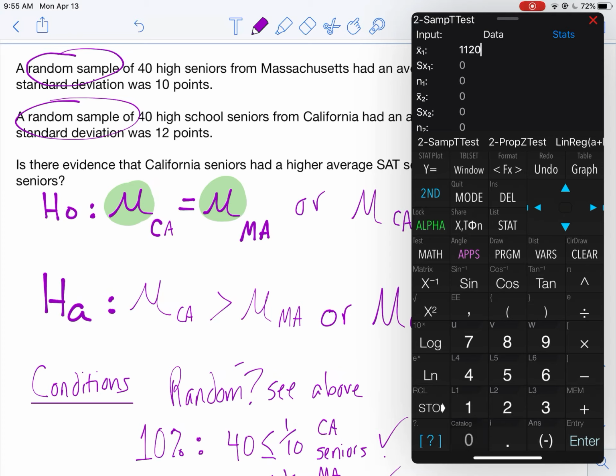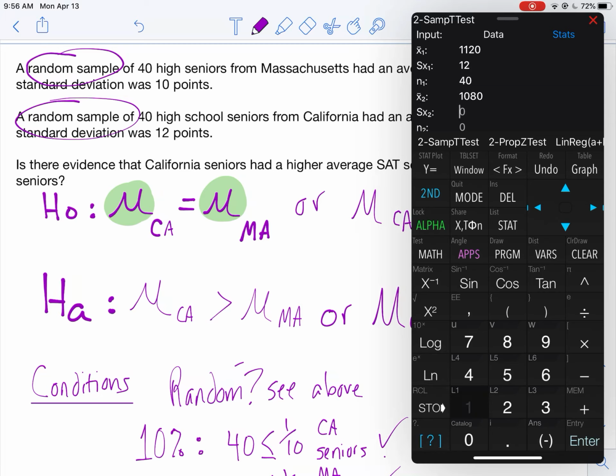We have a standard deviation of 12 points. For Massachusetts, we had 1080. I forgot to put my sample size here. This is why we do this, just to make sure we're on point. So we enter in our mean, our standard deviation, and our sample size.